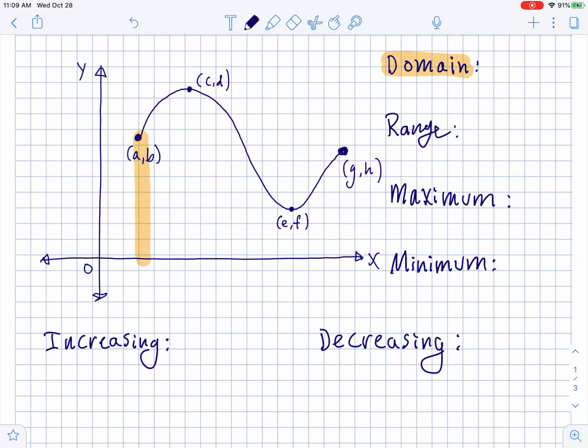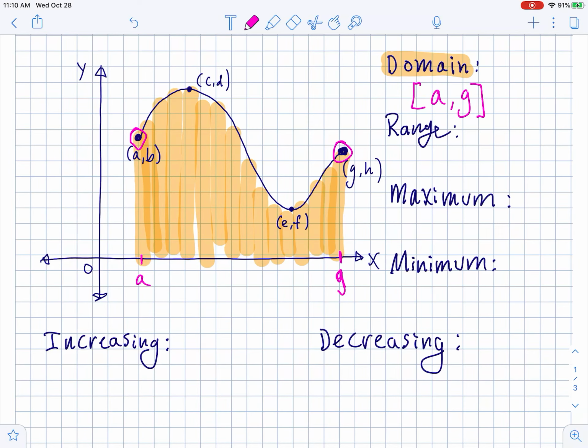So I see here that this one starts at A. And then if I just trace all these x's, so I'm seeing all the x's that it lines up with, all the way up to and stopping at G. That's not a G, that's a G. So the domain would be A to G, and it includes A and includes G because these are closed circles. So that means that I'm going to do hard brackets from A to G.